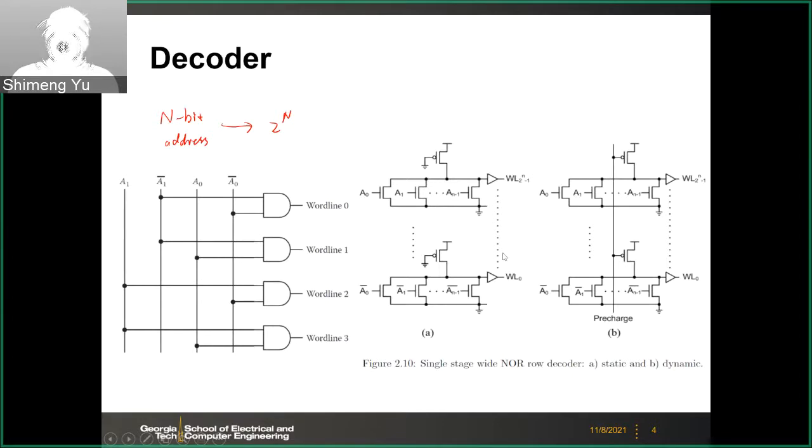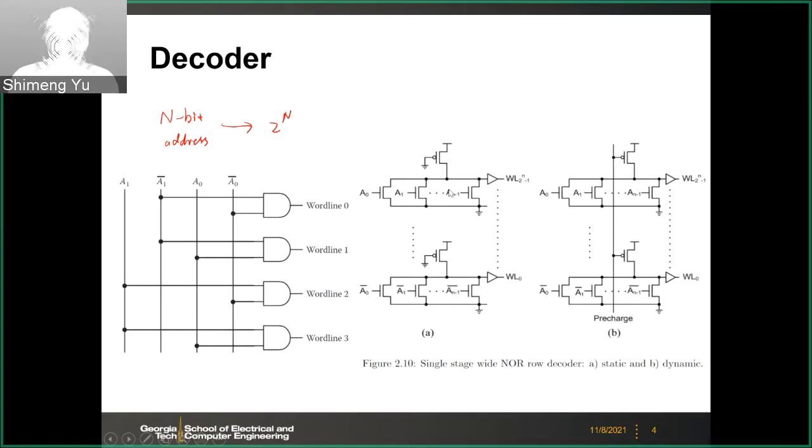If you want to implement it with transistors, of course you can do the standard CMOS logic synthesis. But if you want to save the transistor count, here are some more compact designs. For example, the first example here is a static logic.